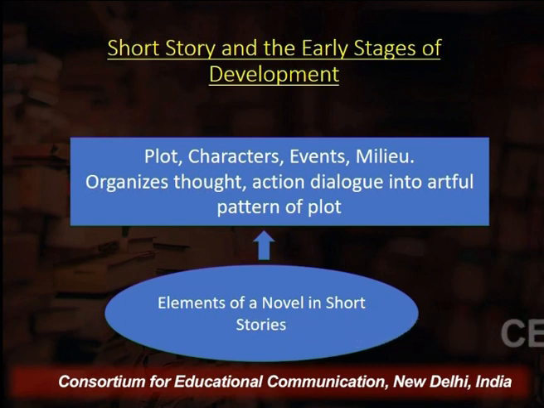And we also see that short fiction organizes thought, action and dialogue into an artful pattern of a plot. Now this is another element which is common to both forms of expression.